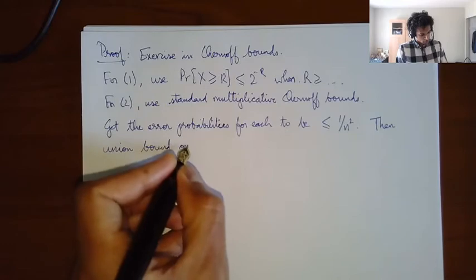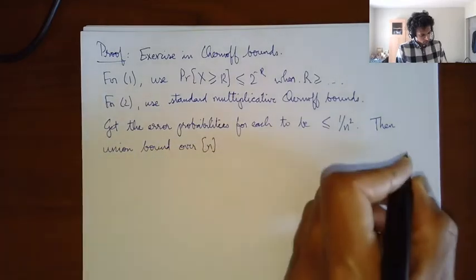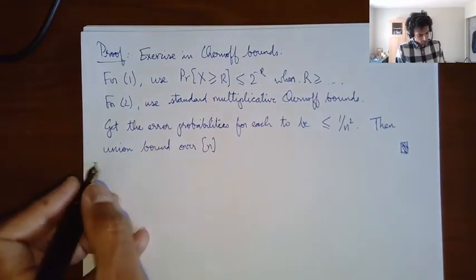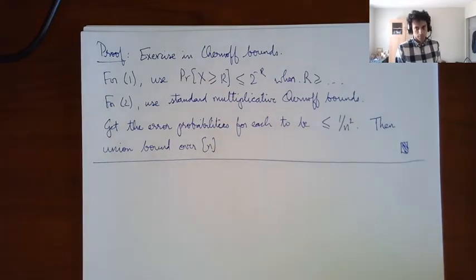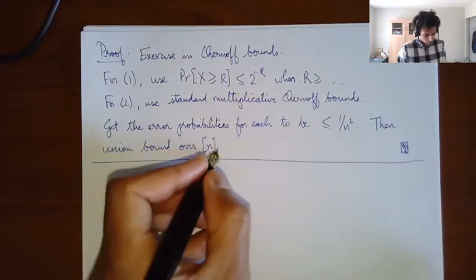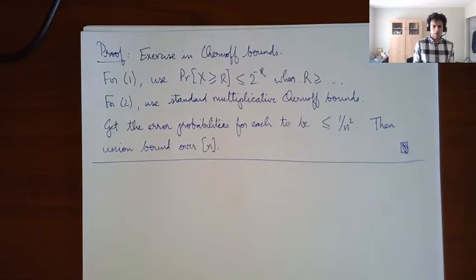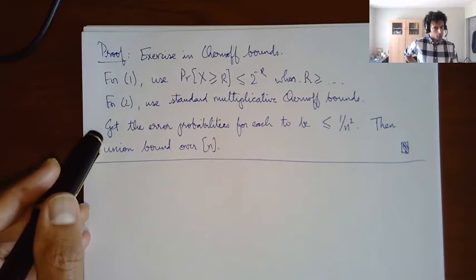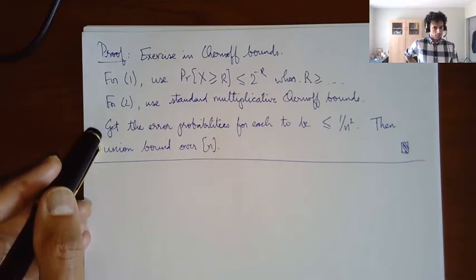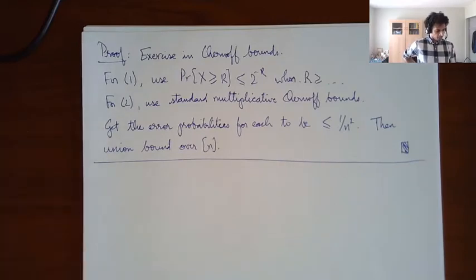Union bound over everything, right? That's the proof. Is this clear? Any clarifications on how to do this? It's a good exercise. But do you understand this part over here? Questions?